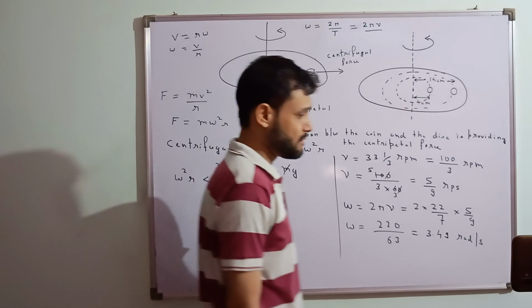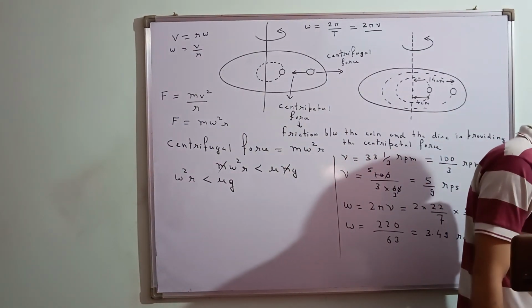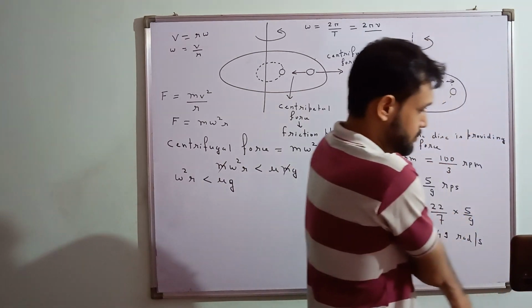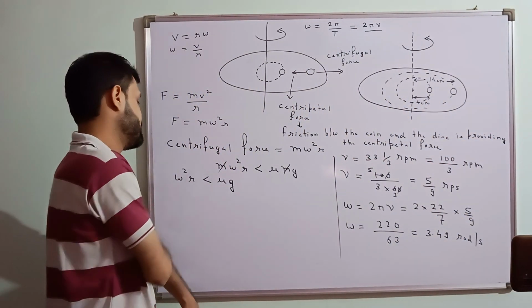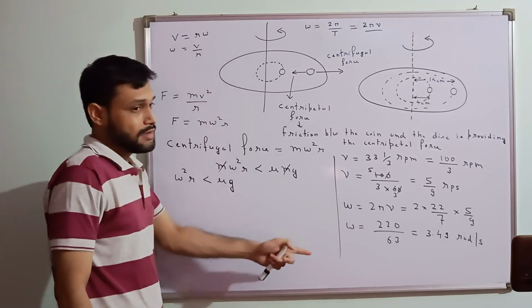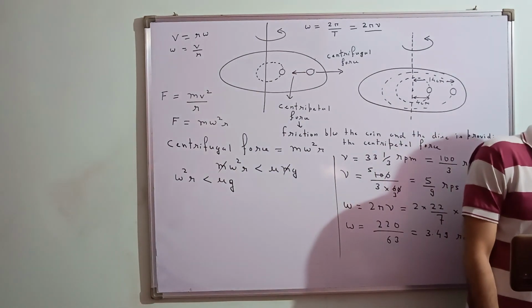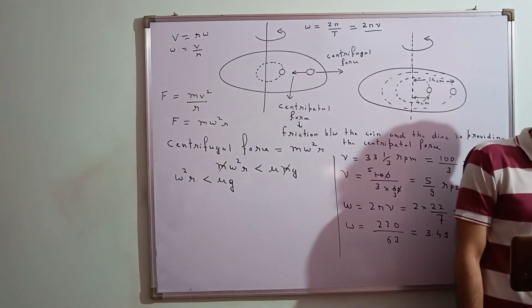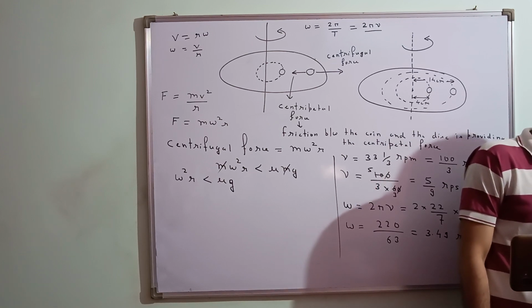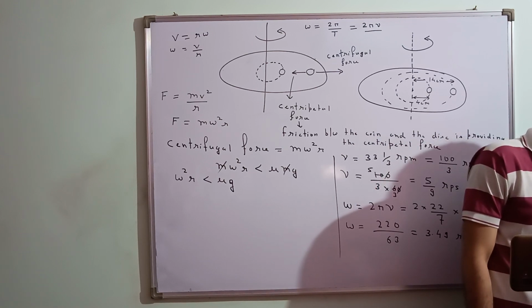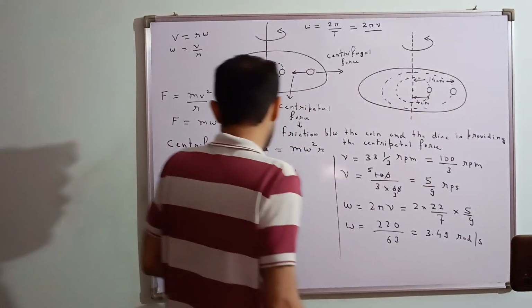So now let's check in which situation this thing will happen. Let's find out the value of R for which it will revolve.